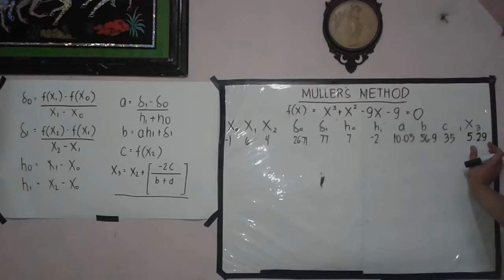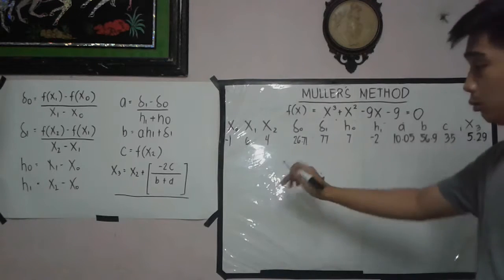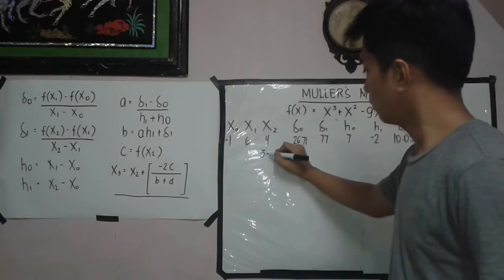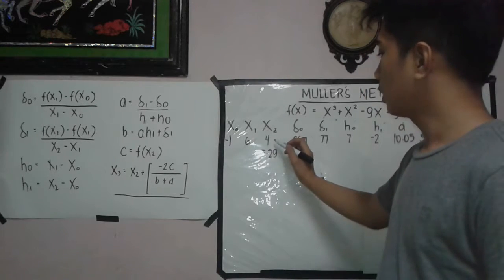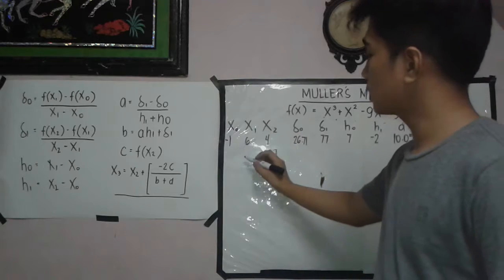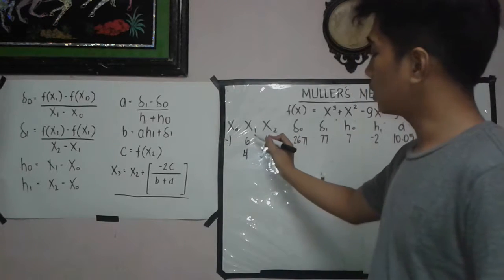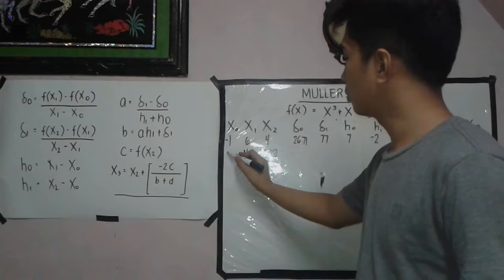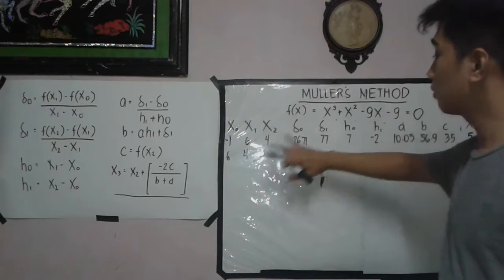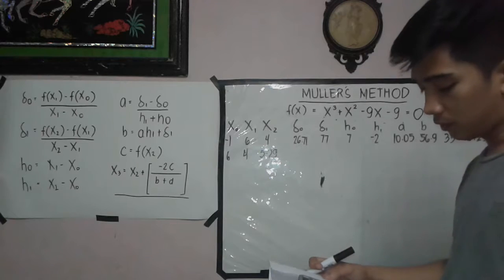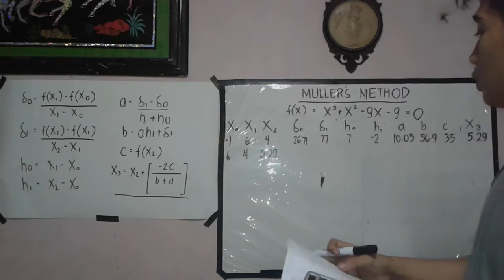So your 5.29 is the next x sub 2, and your x sub 1 and your x sub 2 is your next x sub 1. X sub 1 is the next x sub 0, 6. So substituting 5.29 to the function of x will give the value of 119.40.